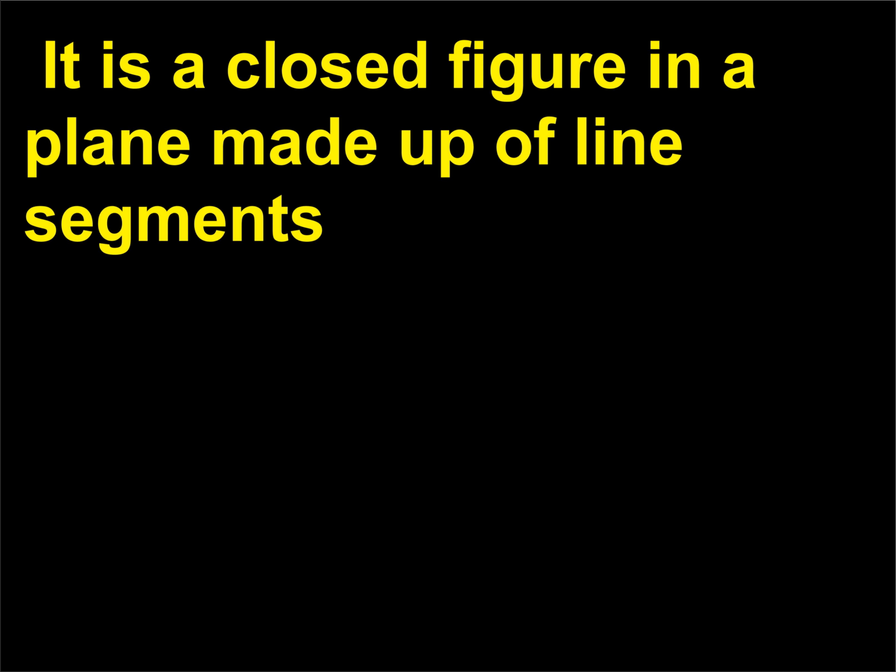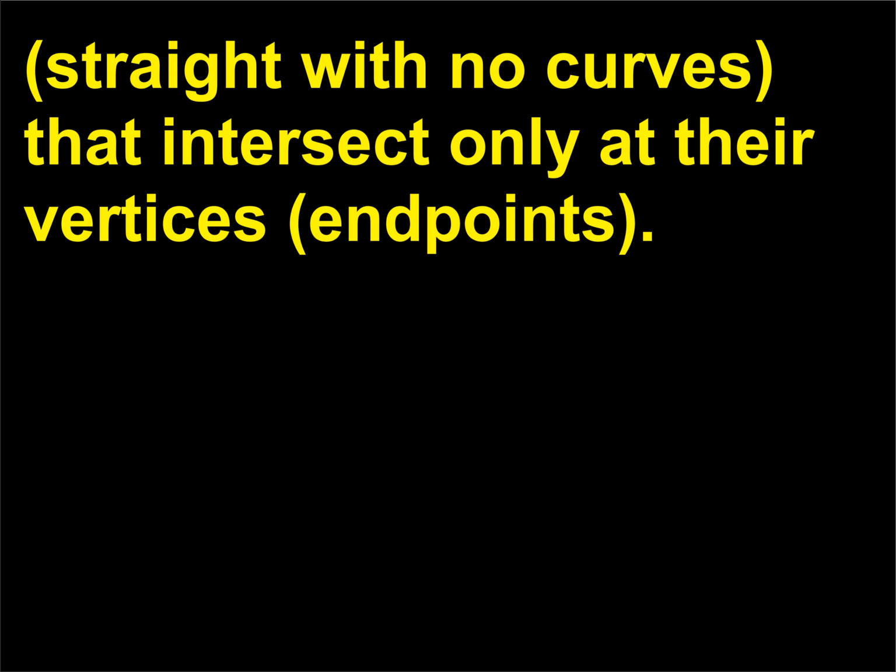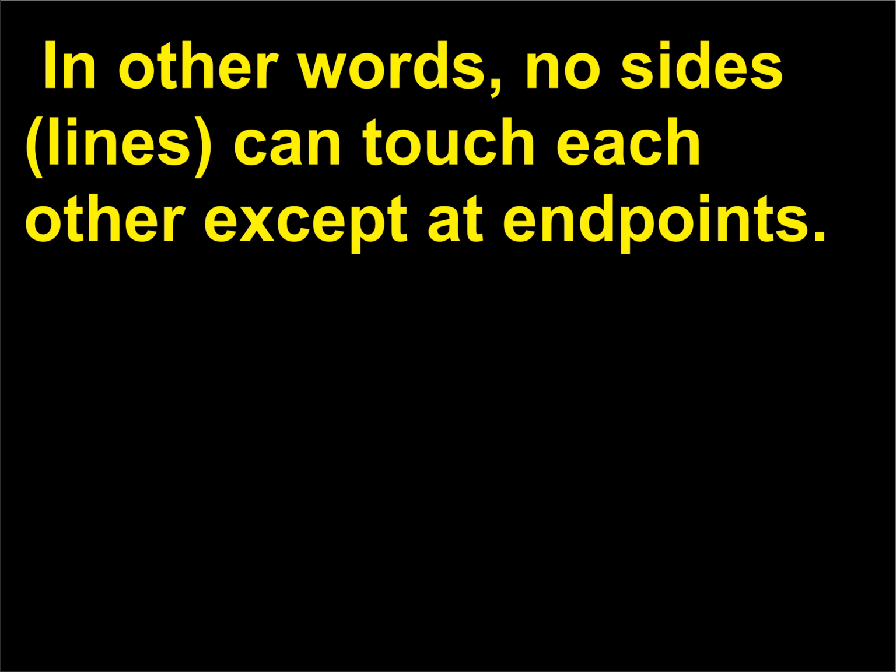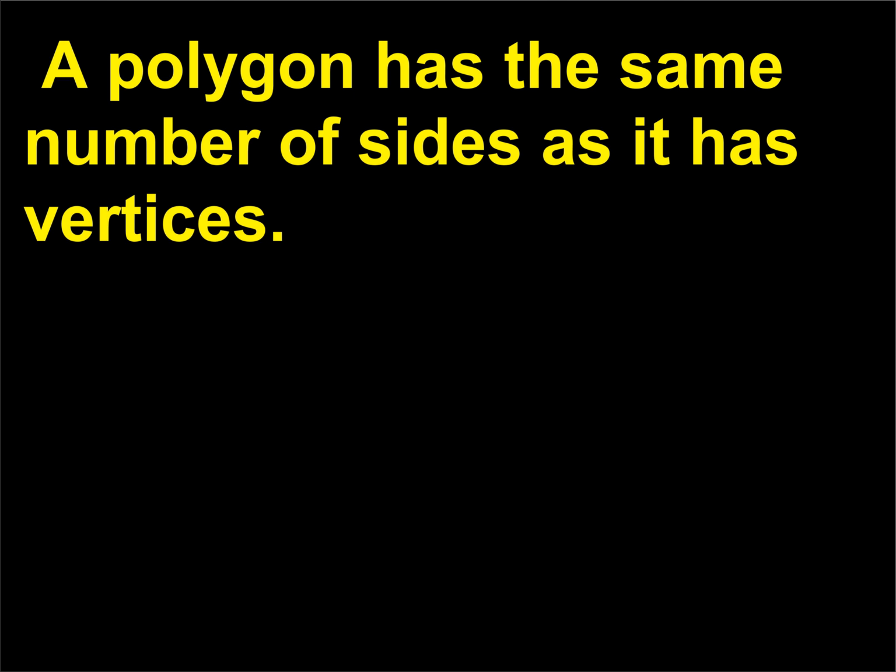It is a closed figure in a plane made up of straight line segments, with no curves, that intersect only at their vertices, or endpoints. In other words, no sides, or lines, can touch each other except at endpoints. A polygon has the same number of sides as it has vertices.